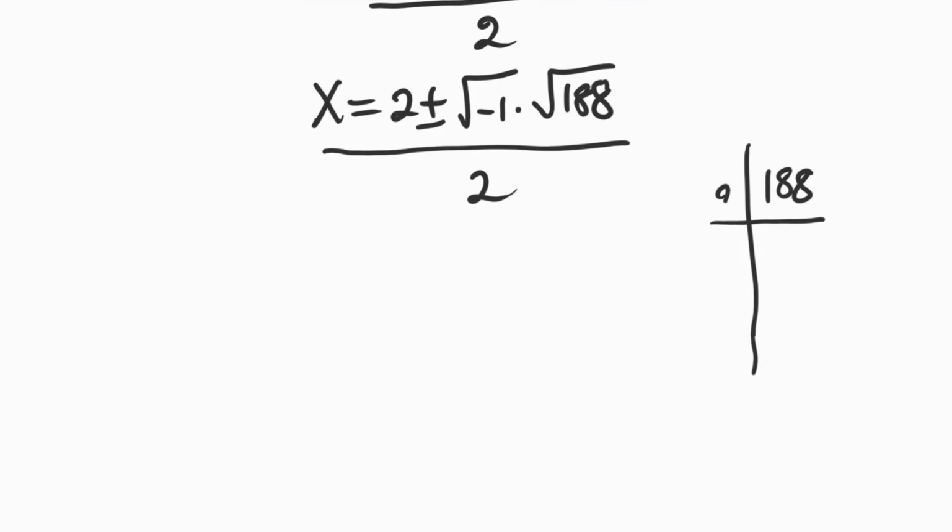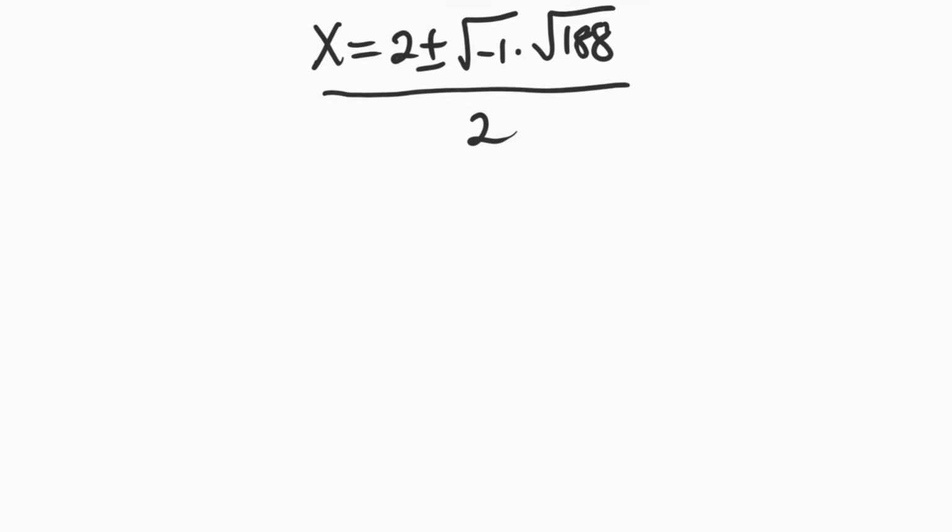Okay, so this is 2 here, 94. 2 here is 47. And then we have 47, 1. So 188 is the same thing as 47 times 4.